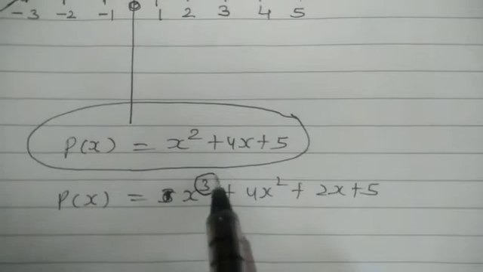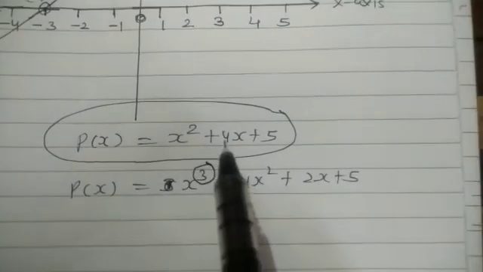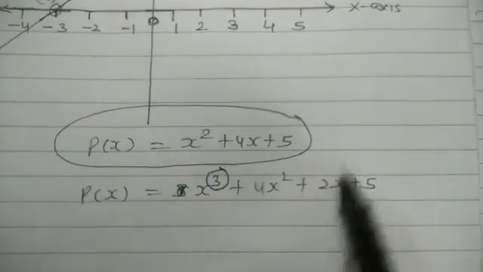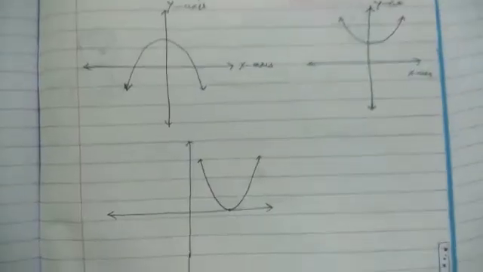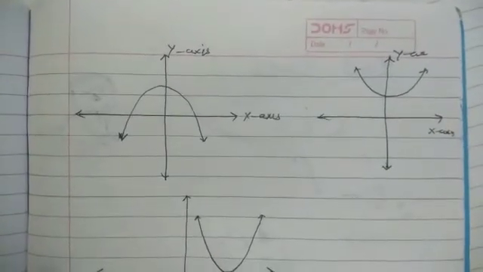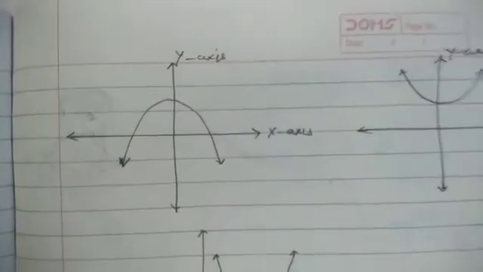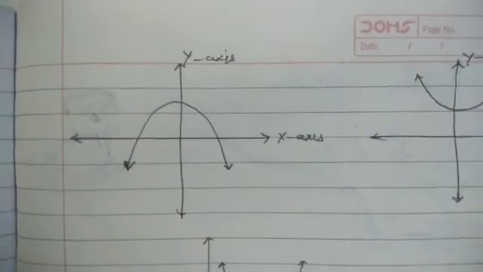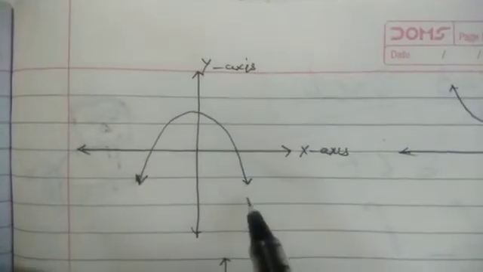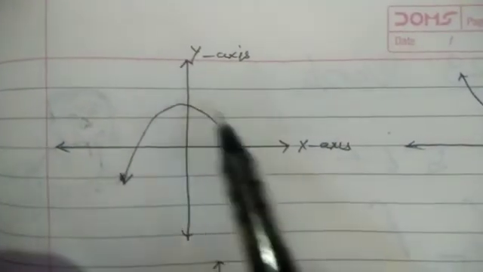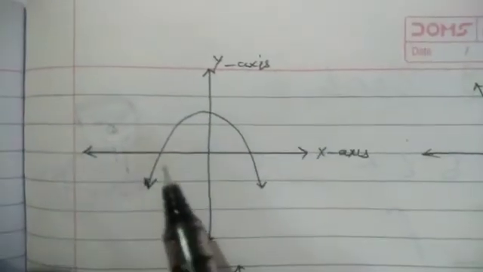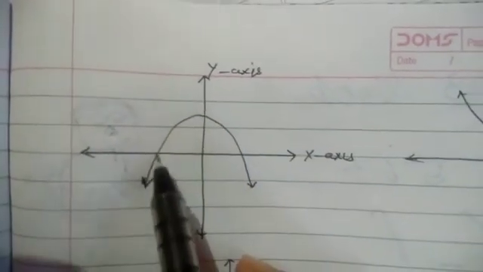If you want to understand it by graph, or you can say by geometry, then now I will tell you how to calculate number of zeros of a polynomial from the graph. There is a very simple trick. This is a quadratic polynomial because it intersects the x-axis at 2 points.